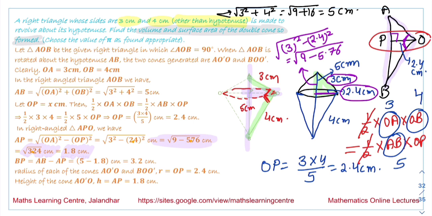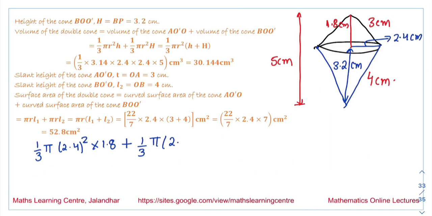Now we have to calculate the volume and the surface area of the double cone. So the volume of the upper cone will be 1 by 3 pi, the radius is 2.4 square, and the height is 1.8. And the volume of the lower cone is 1 by 3 pi, radius 2.4 square, and the height is 3.2.